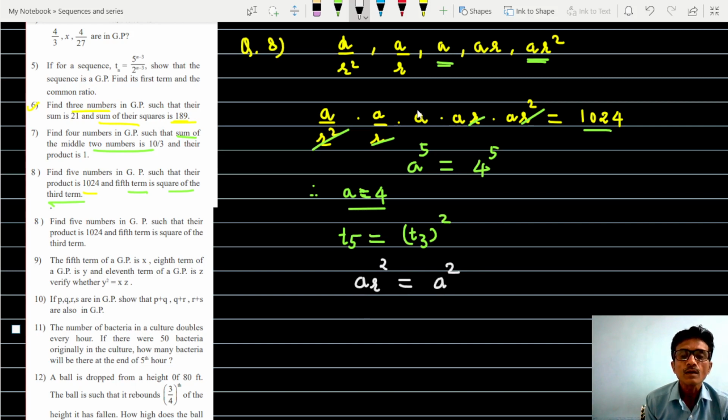Here one a will get cancelled, therefore r square is equal to a, and you are getting a is equal to 4.